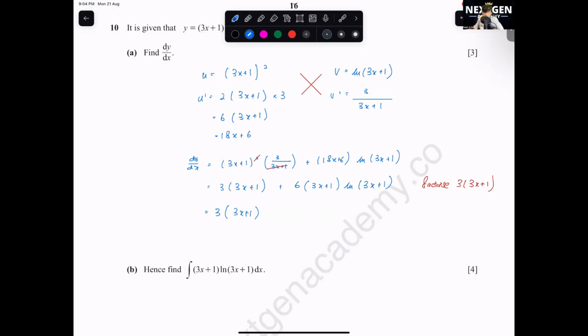Then here we're left with 1 plus 2 ln(3x plus 1). Okay, can you all see? I purposely exaggerate this, but you don't have to write it so big. I'm factorizing out 3x plus 1 from here. This one you're left with 1. I factorize out 3x plus 1 from this term here. I'm left with 2 and ln(3x plus 1).